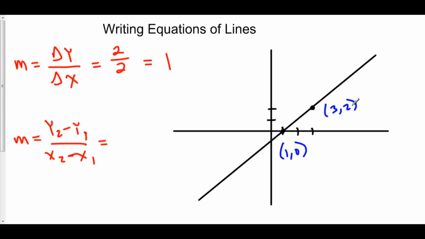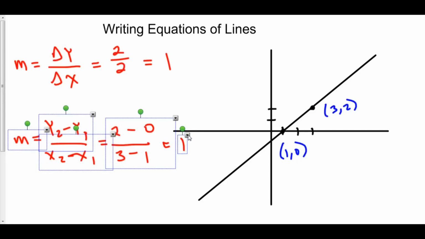Now y2, let's call (3, 2), and (1, 0) is point 1. y2 is 2 minus y1 is 0, over x2 is 3 minus x1 is 1. 2 minus 0 is 2 over 3 minus 1 is 2. 2 divided by 2, still 1. So either doing it graphically or algebraically, we still get the same answer.